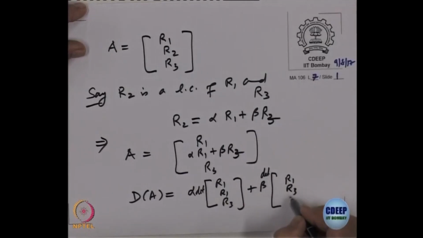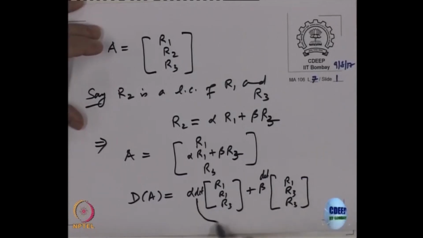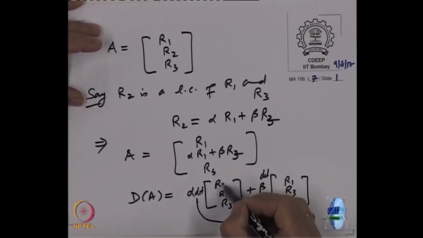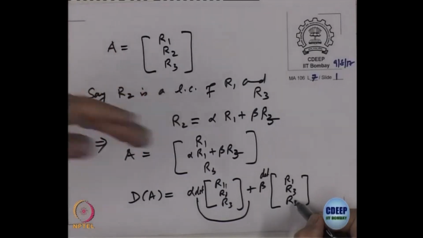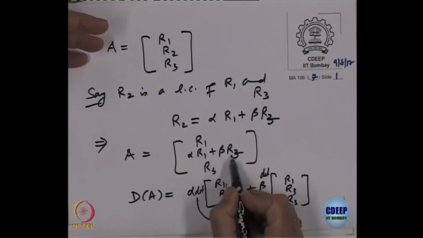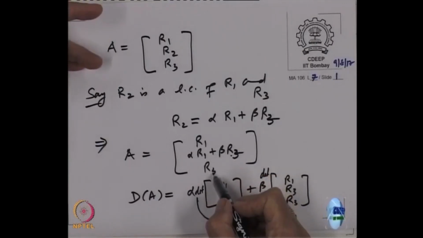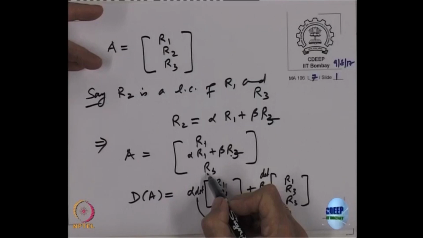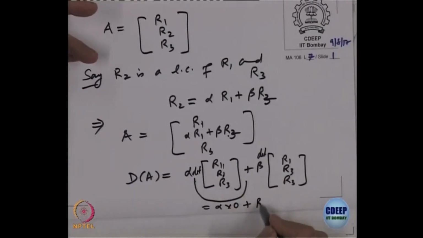So, it is R1, R3 and R3, right. So, what is this determinant? That is 0 because of R1, R1. This determinant is 0 because of R3 and R3. So, I have used the linearity property, the scalar comes out and this is a linear combination of R1, R1, R3 plus R1, R3 and R3, right, that is the linearity property. So, this is equal to alpha multiplied by 0 plus beta multiplied by 0.